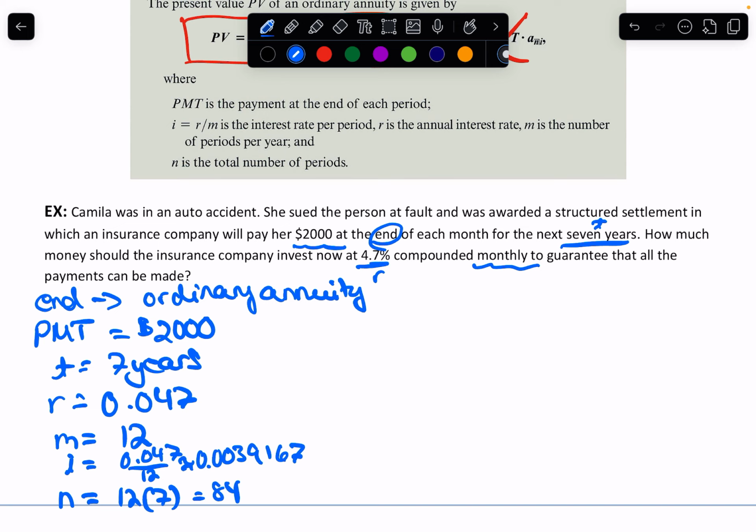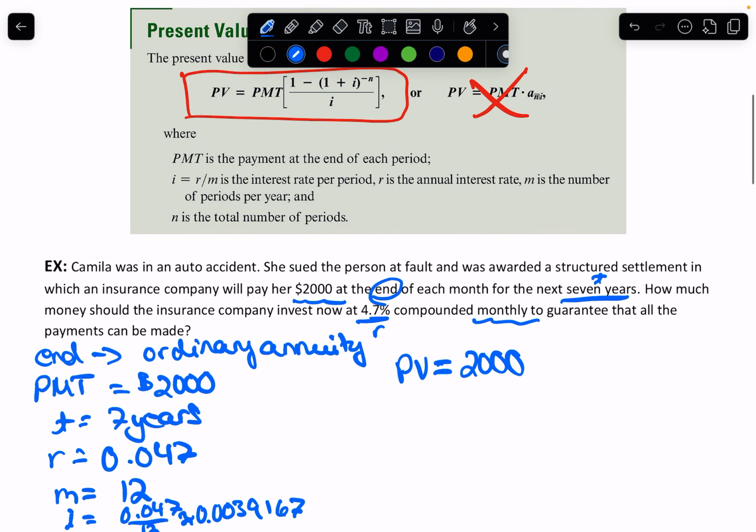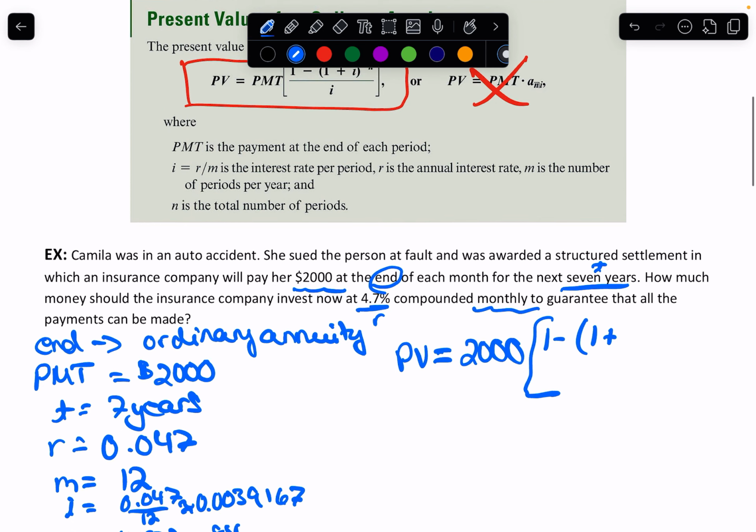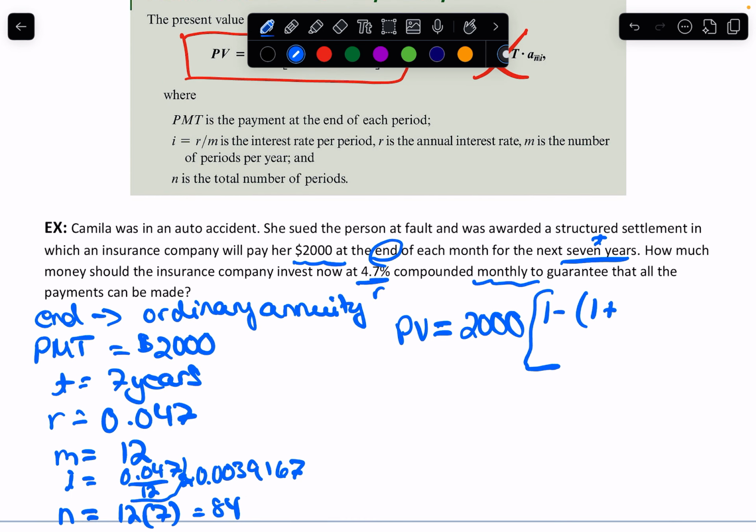Let's plug the numbers in. 2000 is our PMT, times 1 minus parentheses 1 plus I, and I'm going to leave the I as this.